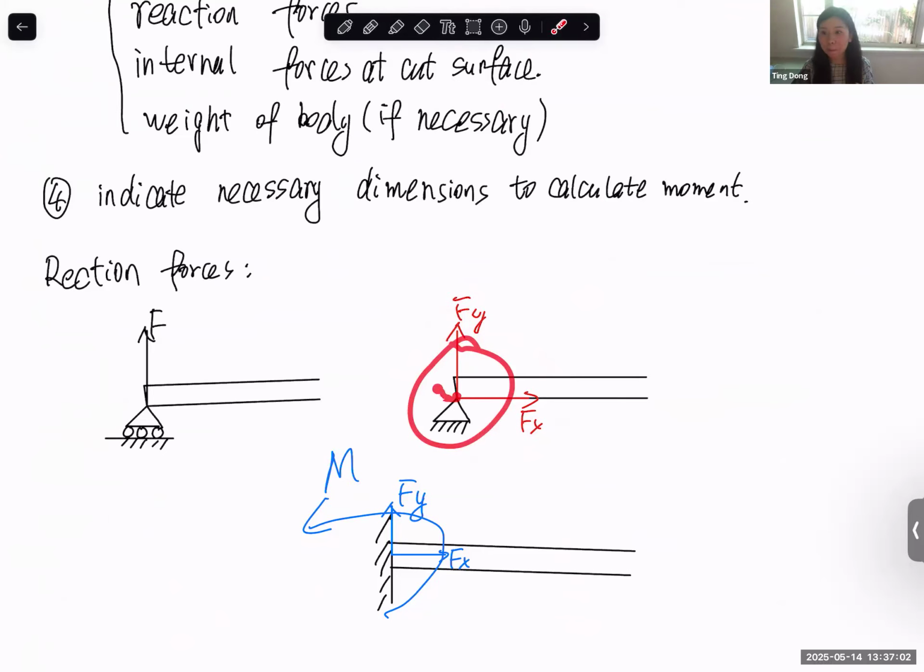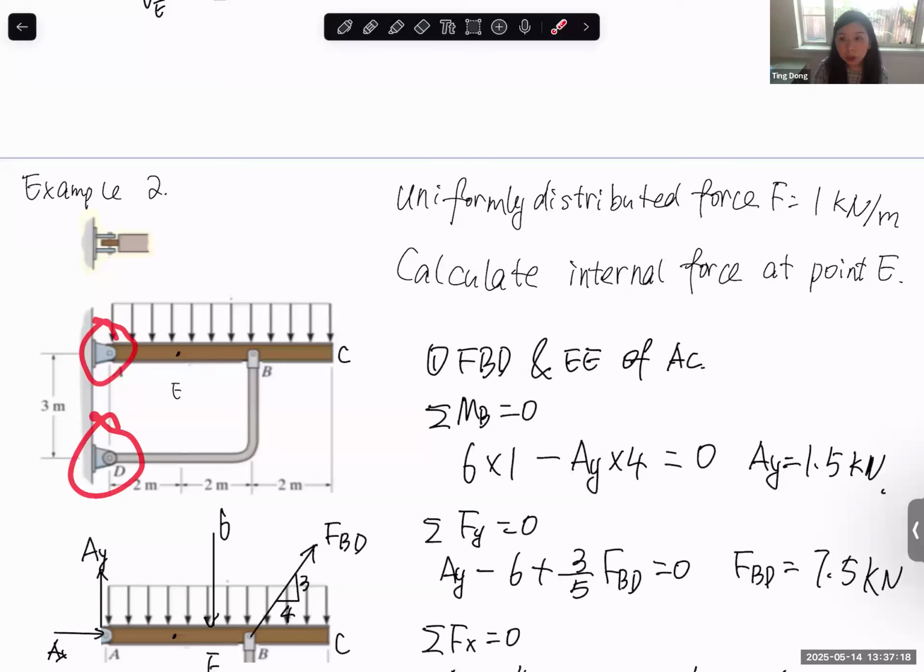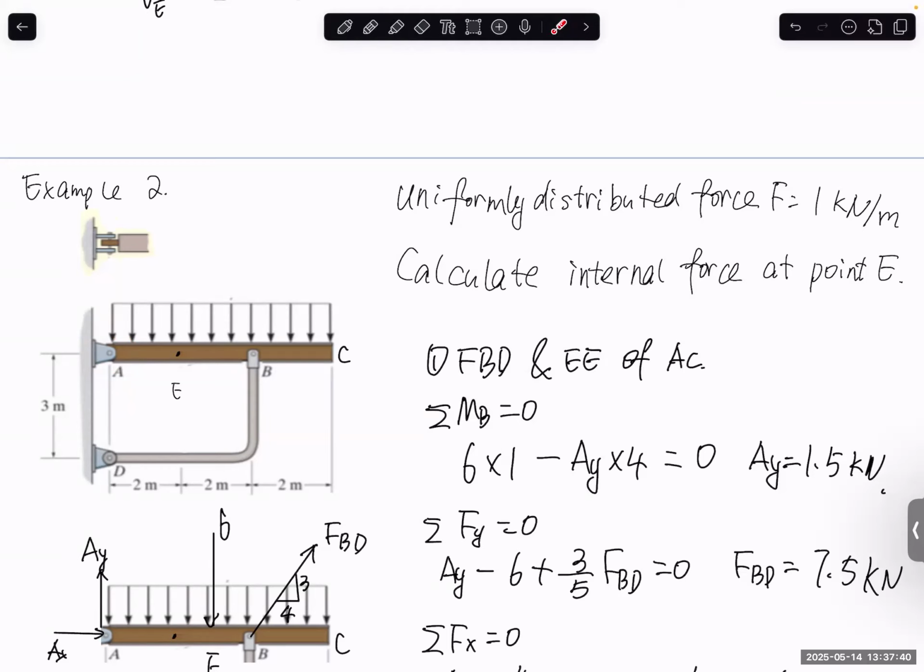For the problem here, you can see the pin joint is free to rotate at this point, and it's free to rotate at point D. So for all these boundary conditions, there is no reaction moment. It only constrains the displacement in X and Y, and only has reaction forces in X and Y. It does not constrain the rotation and does not have a reaction moment. Thank you. You're welcome.